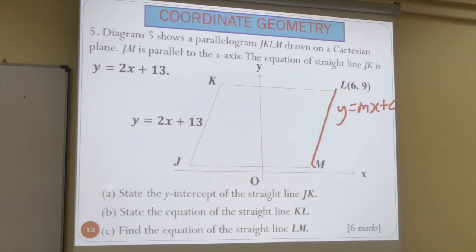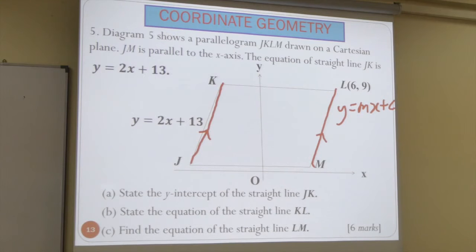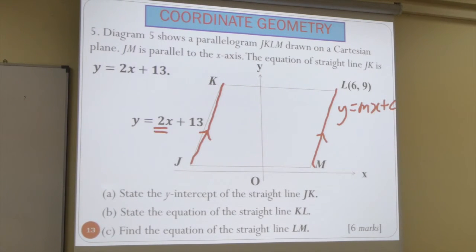Then where are we going to find the value of m? And what is m? Gradient. Very good. And where can we find it? From the parallel side, isn't it? So if you find it from the parallel side, you compare with this one. So what is the value of m here? m equals 2.